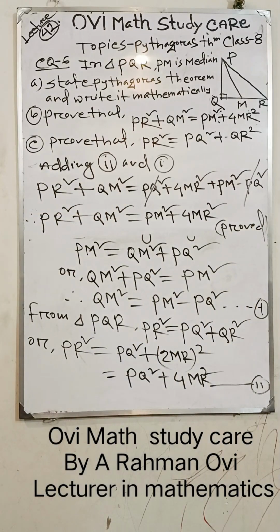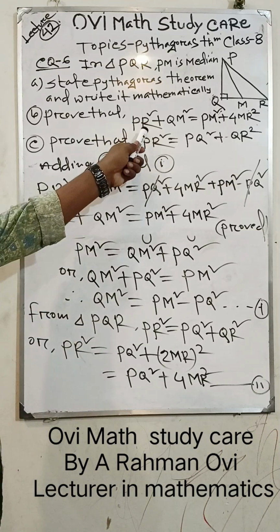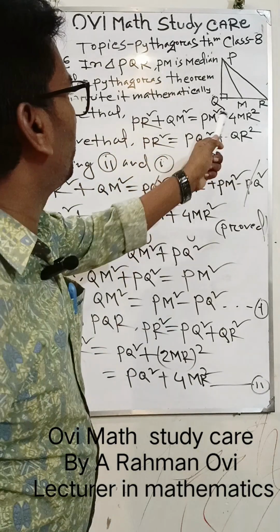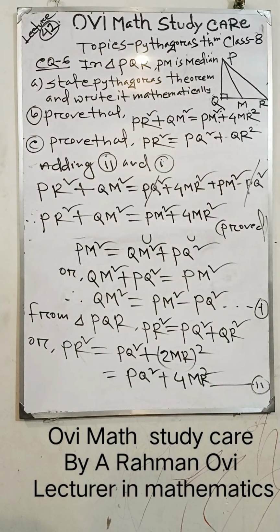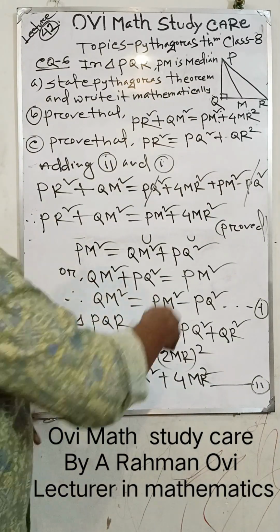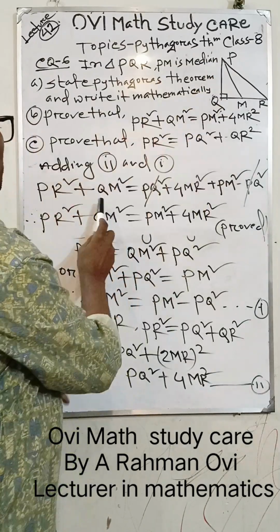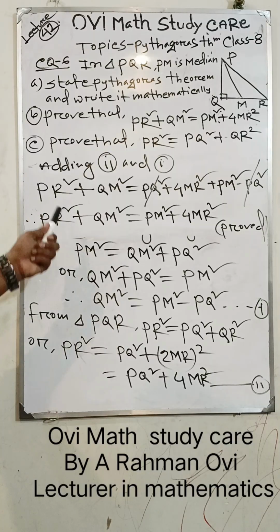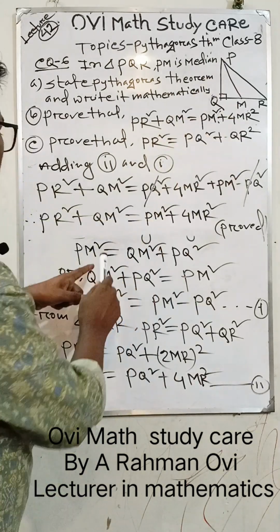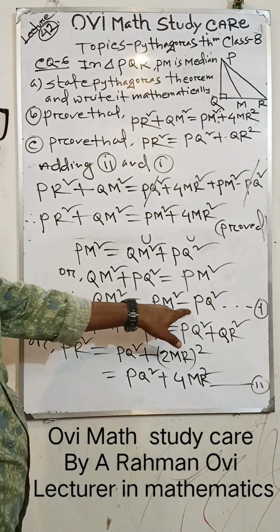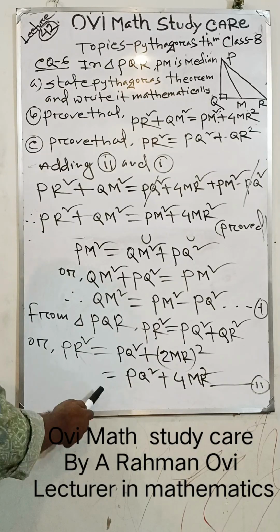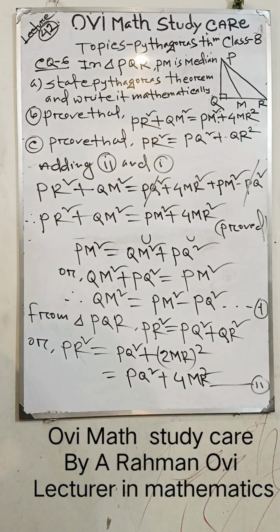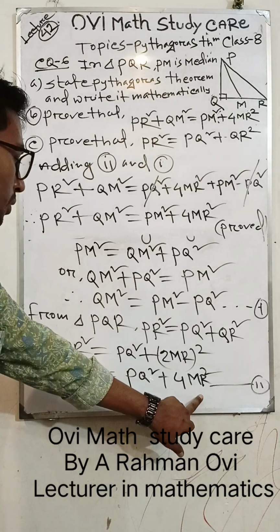Dear students, in question number B, we have to prove that PR square plus QM square equal to PM square plus 4MR square. At first, from the right angle triangle PQM, we get QM square equal to PM square minus PQ square, and from equation 2 we get PR square equal to PQ square plus 4MR square.